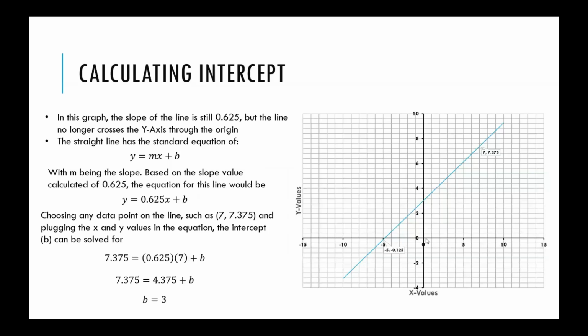You would not put a graph that lists, let's say for the y-axis, negative 0.125, then 2, then 5, then 7.375. That's all over the map. You want to make sure the axis values, the scale, is evenly spaced.